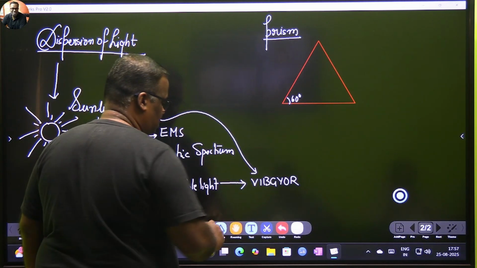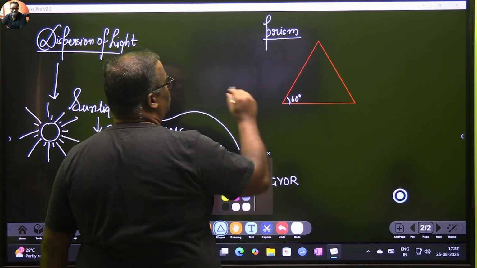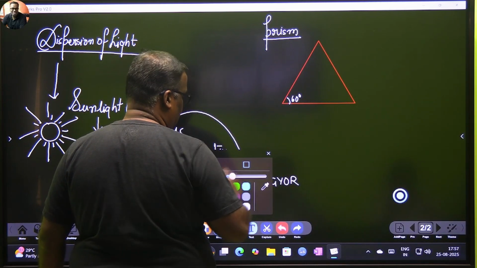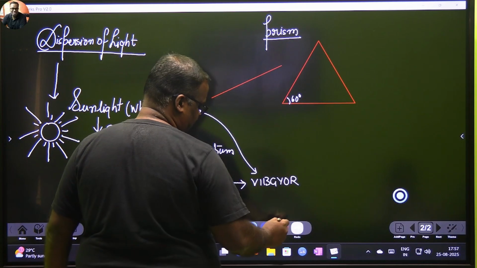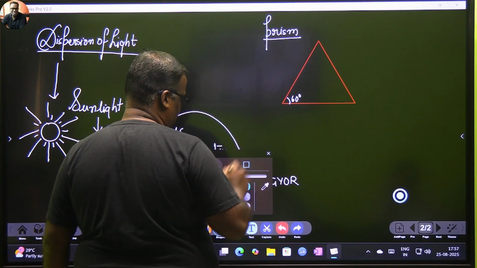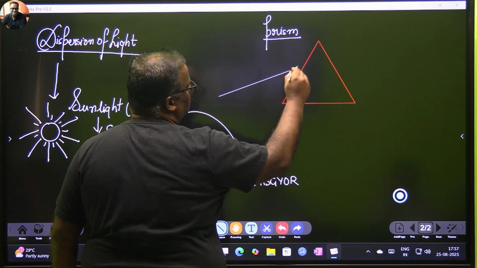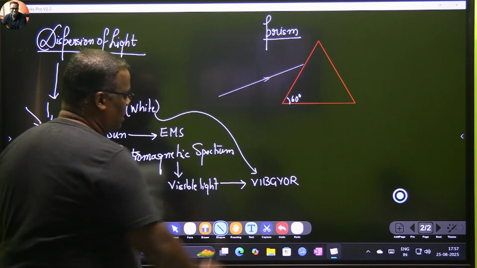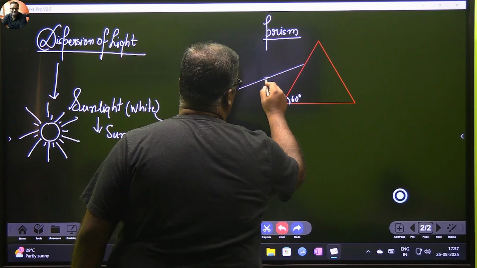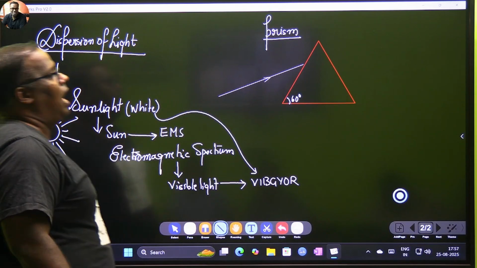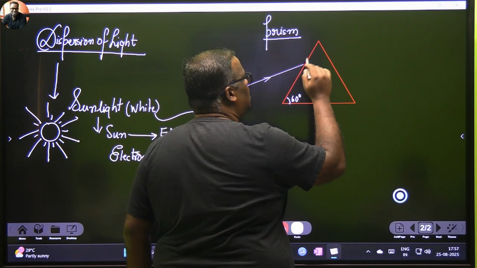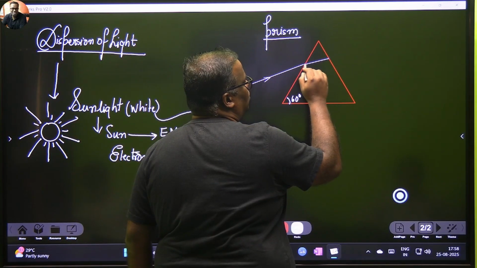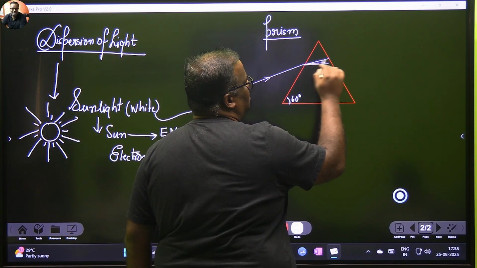Okay, so let's try and understand that part now. This is the incident ray, and you'll study more details in grade 10. The prism has the ability to split it into all 7 fragments.